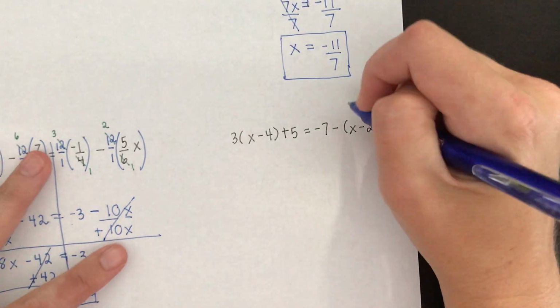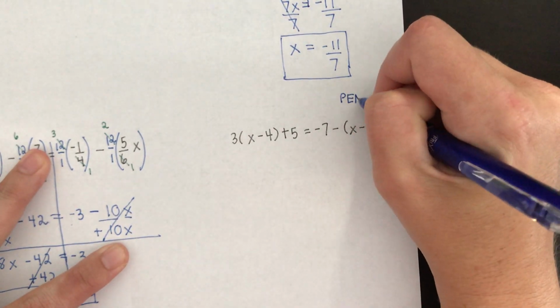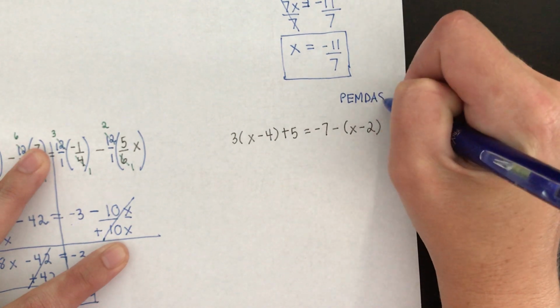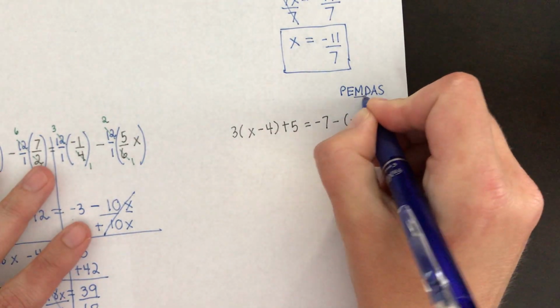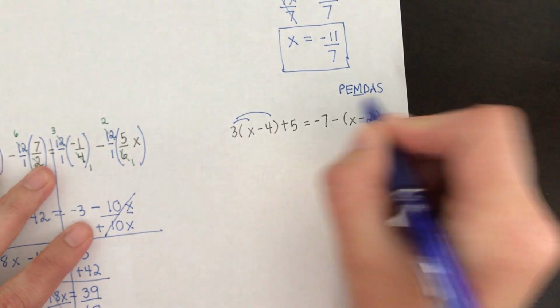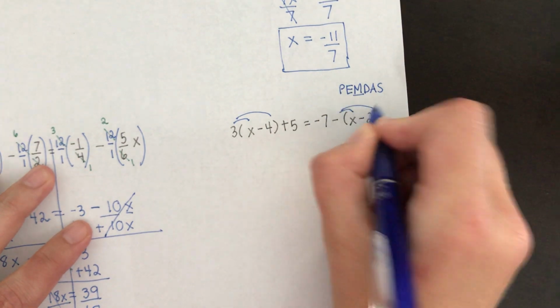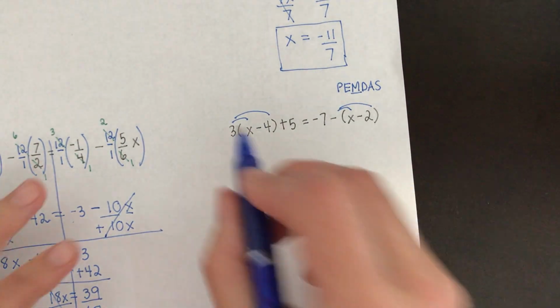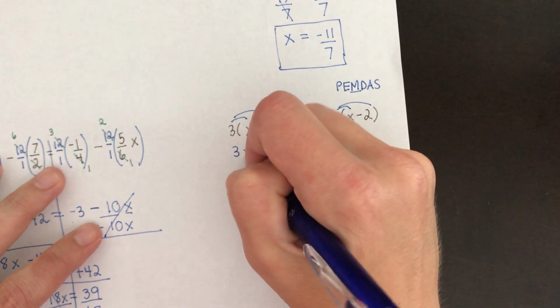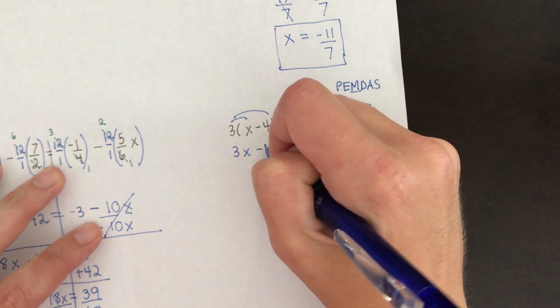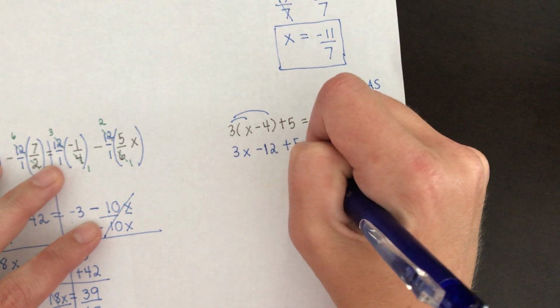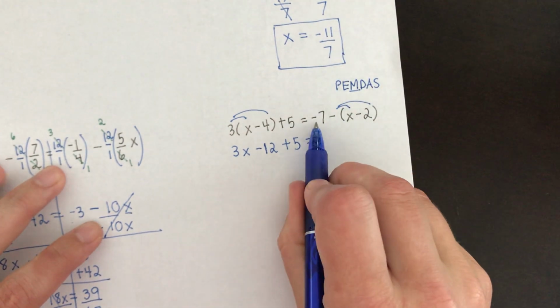So here, PEMDAS, we have no fractions. Thank our lucky stars, right? No fractions, but we have to remember PEMDAS. We've got to take care of this distribution, the multiplication, before we can worry about combining like terms. So this 3 distributes in here, 3x minus, I almost wrote 4, 12 plus 5 equals that negative 7.